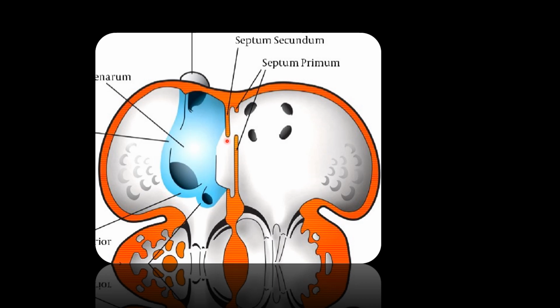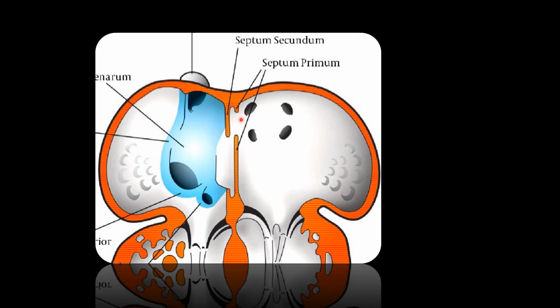This caudal edge of the septum secundum grows rapidly to overlap the cephalic margin of the septum primum. So now a valvular opening appears between the septum primum and the septum secundum, and in future we call it the foramen ovale.